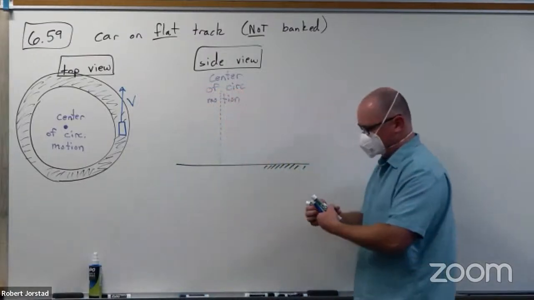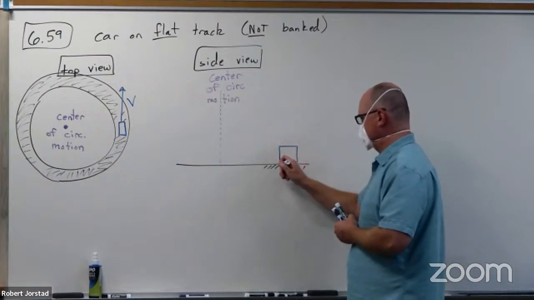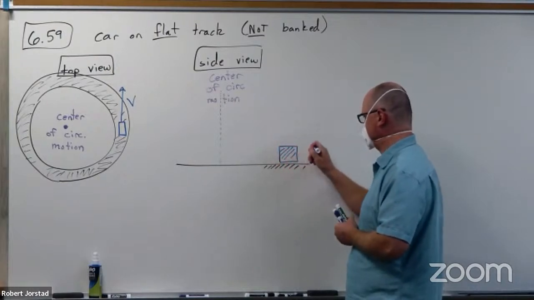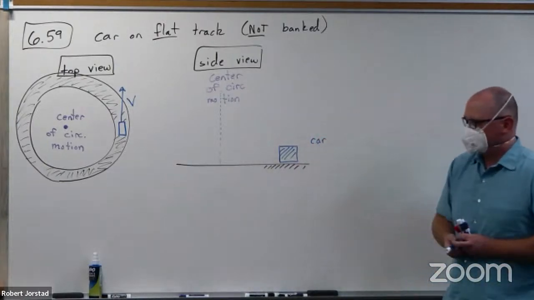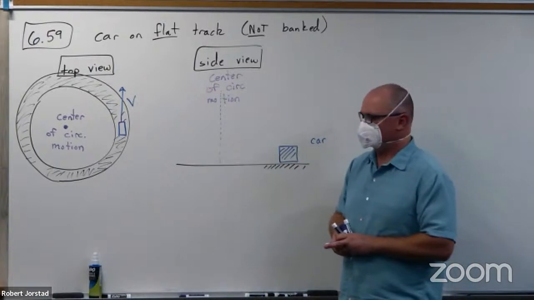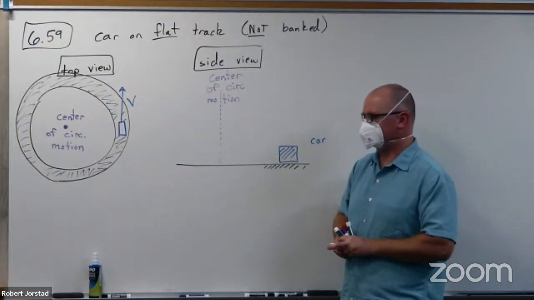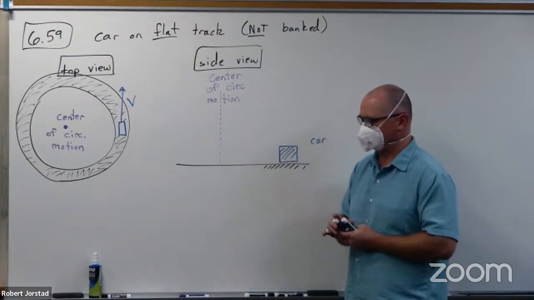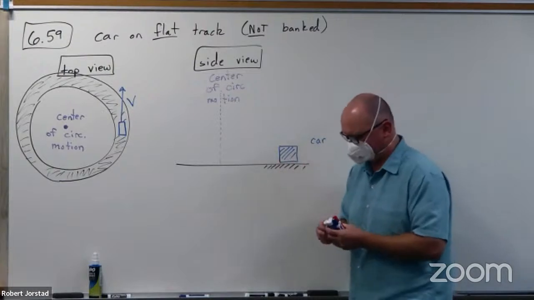And I'm going to draw the car. It's basically a block. This is my car. If you wanted to analyze this problem, does anybody have any ideas of techniques we could use to understand more about this situation? What's something we could do with this car driving around on a track?